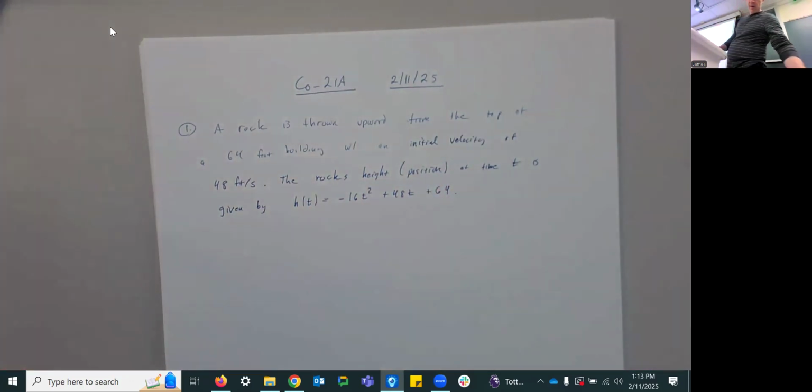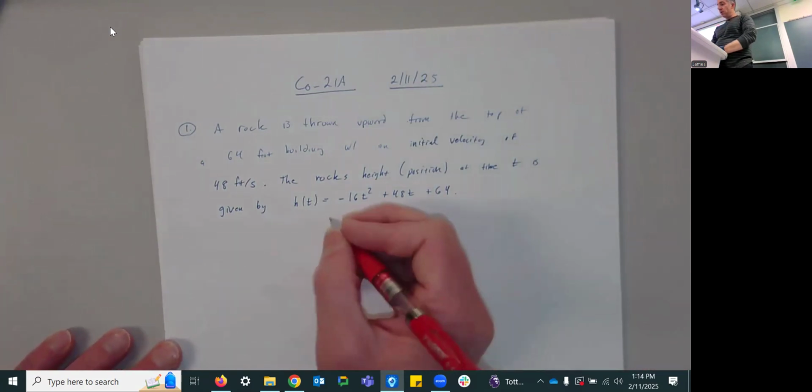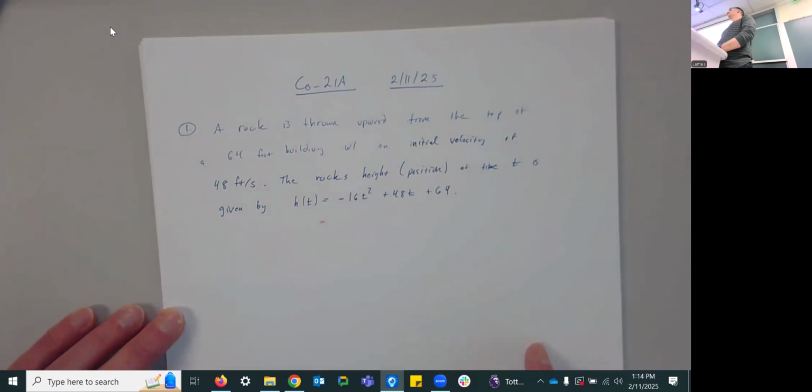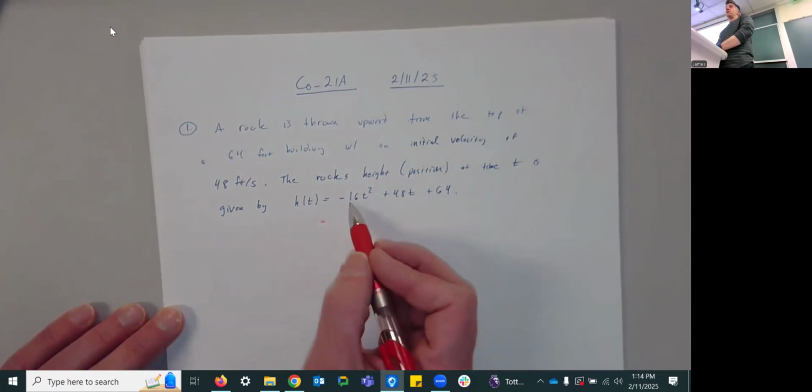Before going on, I'll just point out this is a pretty standard formula. More generally, this is equal to the acceleration due to gravity divided by 2, because the acceleration due to gravity is negative 32 feet per second, and negative 32 divided by 2 is negative 16.